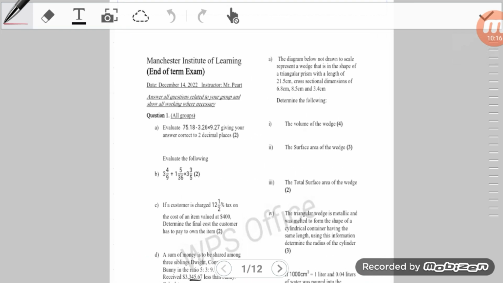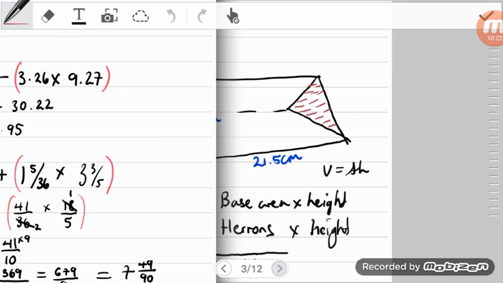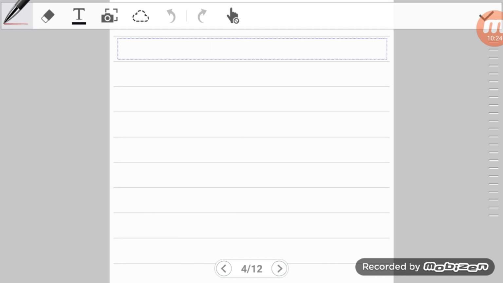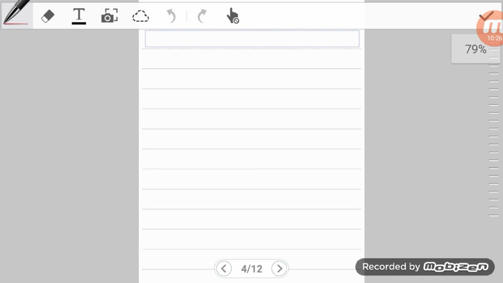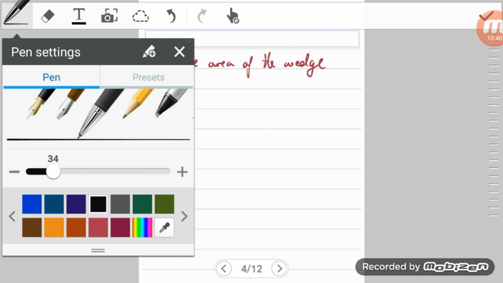Here we're now looking at finding the surface area of the wedge. There's an actual formula for the surface area of any prism.